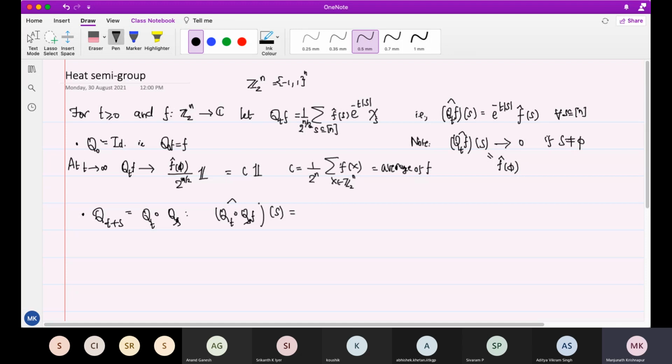So by definition, when you apply Qt to the function Qs f and take the Fourier transform, it is e to the minus t times the cardinality of S times Qs f hat of S, which is e to the minus t times the cardinality of S, and this is e to the minus small s times the cardinality of S times f hat of S, which is e to the minus t plus s times the cardinality of S, f hat of S, which is what Q t plus s does.